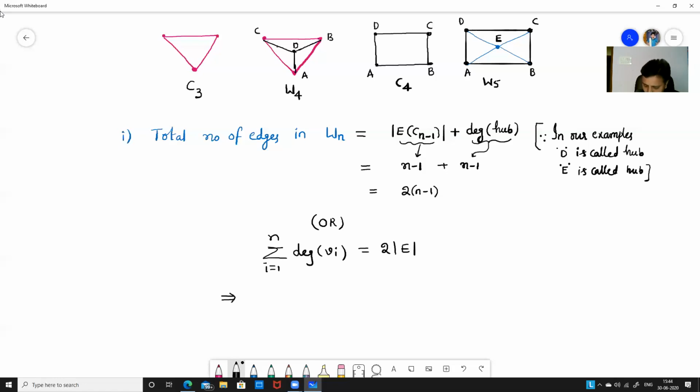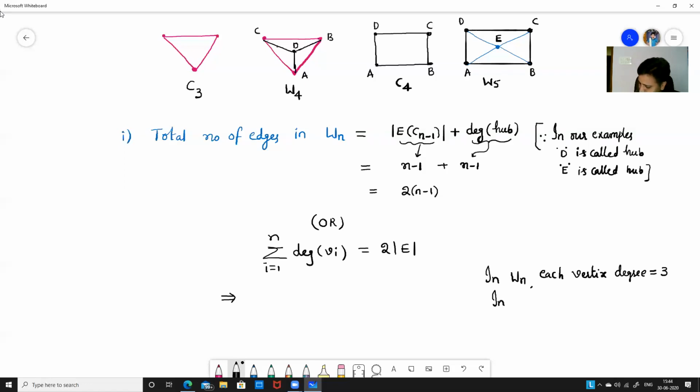If you observe, in W4, for example, each vertex degree is equal to 3, right?